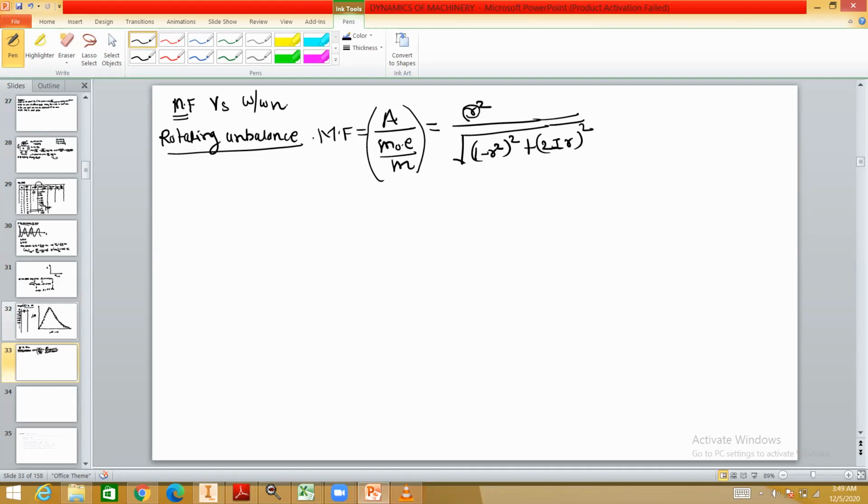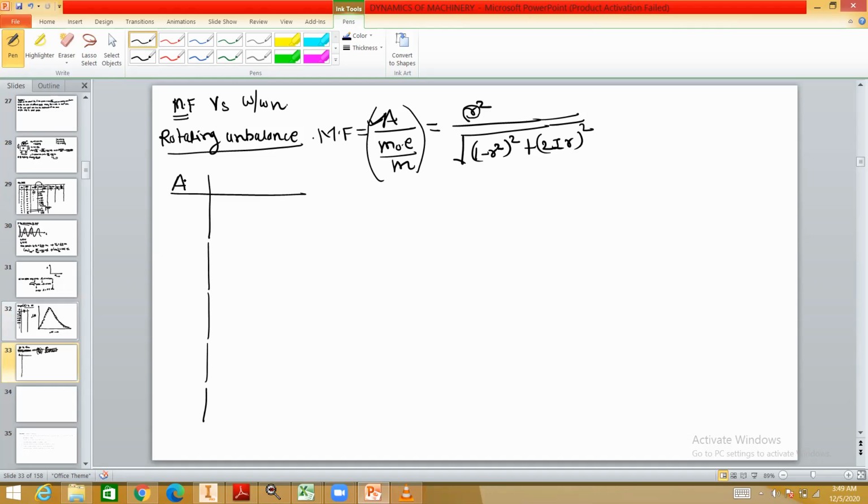Okay, so A upon m0e upon M we will get by using our experiment, because A is variable. These values are constant: m0 is constant, e is constant, and M is constant. So you have to prepare one table for the second graph.